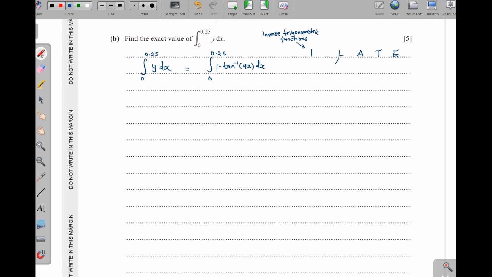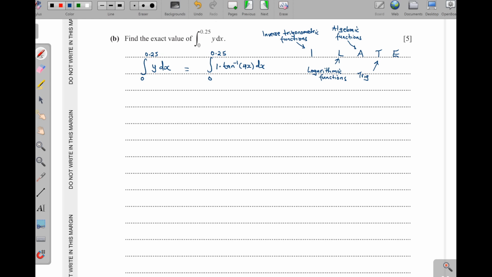Then L here is for logarithmic functions. Then A here is for algebraic, okay, functions. And then this one here is trigonometric.